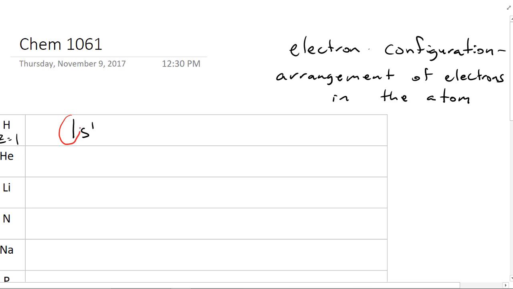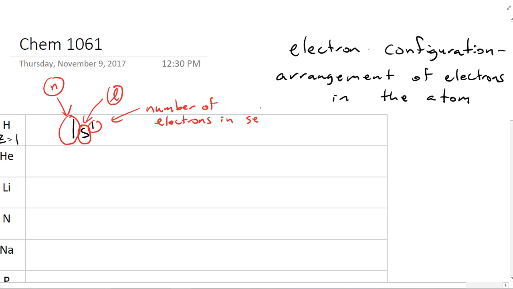This number out front is your principal quantum number, or n. This value designates the value of L, and this superscript tells us the number of electrons in the sublevel, or subshell, whatever term you prefer to use.